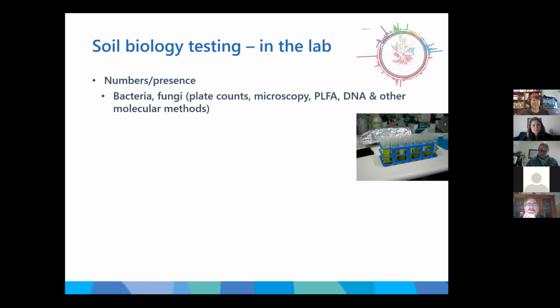So bacteria and fungi, there are old school plate counts, which grow up on an agar plate. They don't get all of the species, so they only get some species. You can look under the microscope and look at the bacteria and fungi there, and it also has issues with getting all the species and accuracy. We don't know all the species.